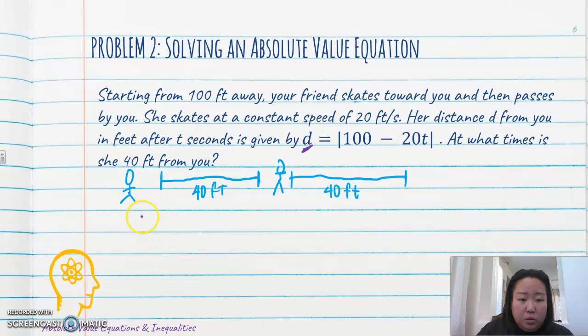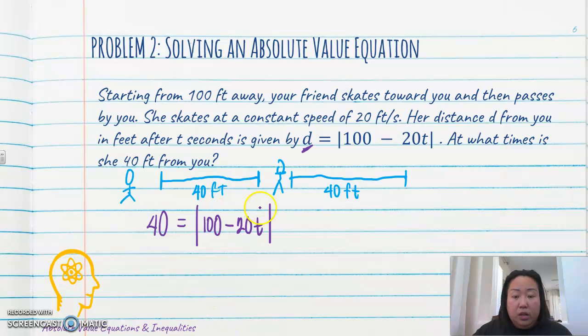And so d is now going to change to 40 is equal to the absolute value of 100 minus 20t, okay? Do we need to make any addition or subtraction to isolate our absolute value expression? No need, all right? The absolute value expression is by itself.